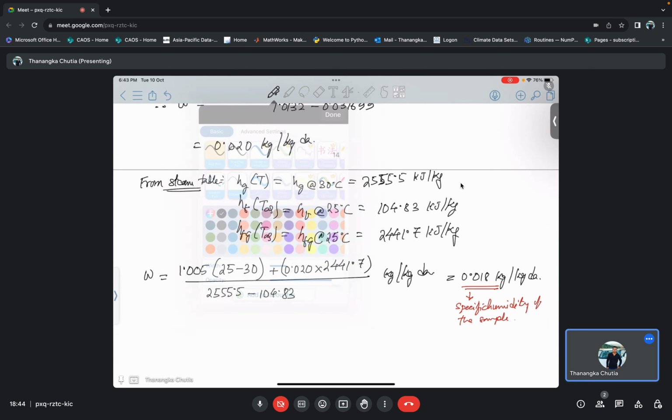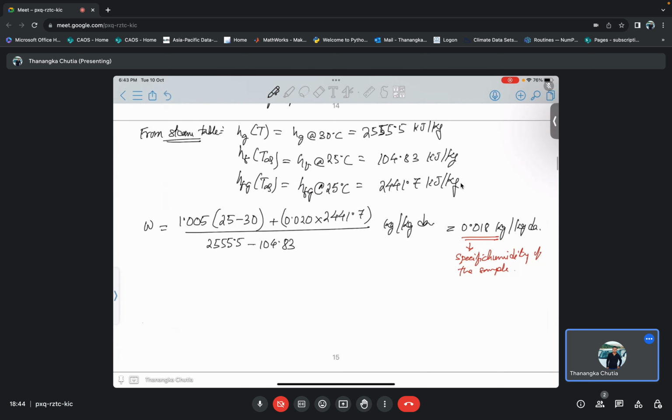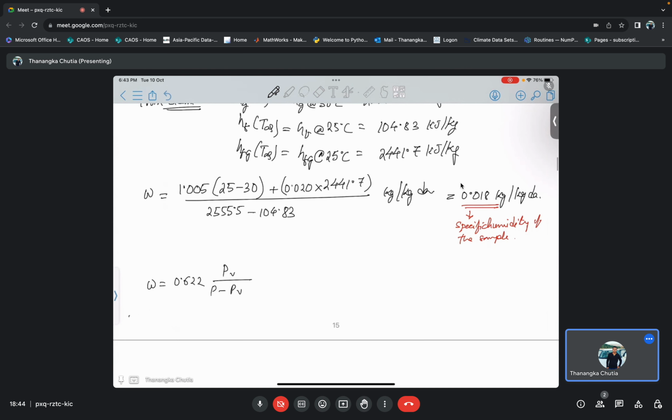Now from this we can calculate W is equal to 0.622 into PV upon P minus PV. So 0.018 is equal to 0.622 into PV by 1.0132 minus PV.